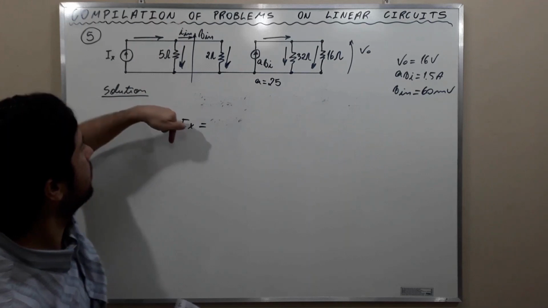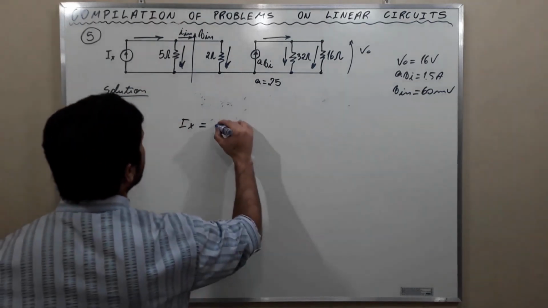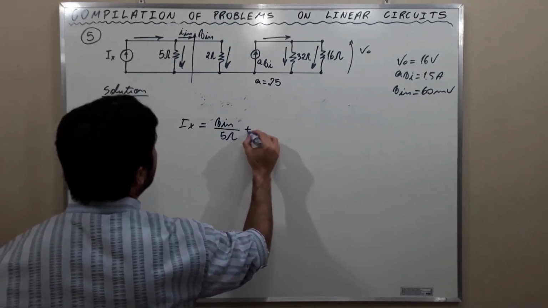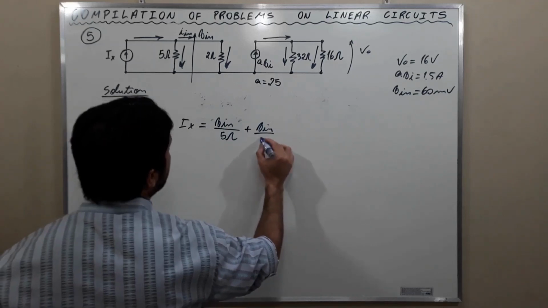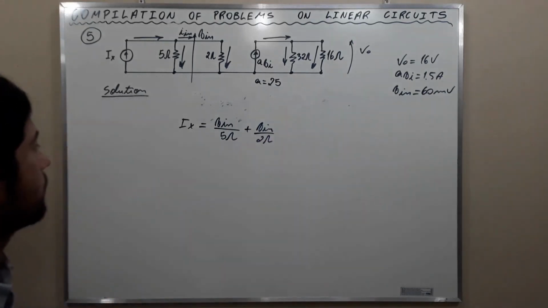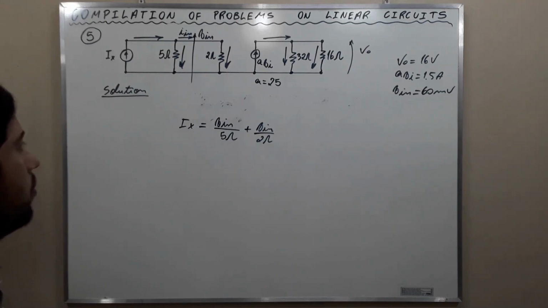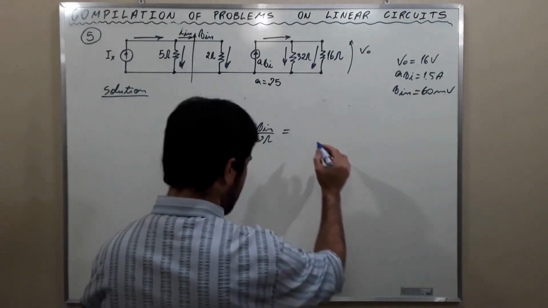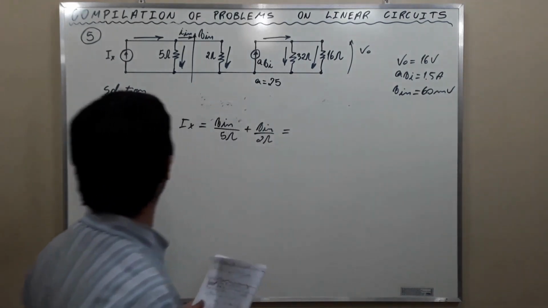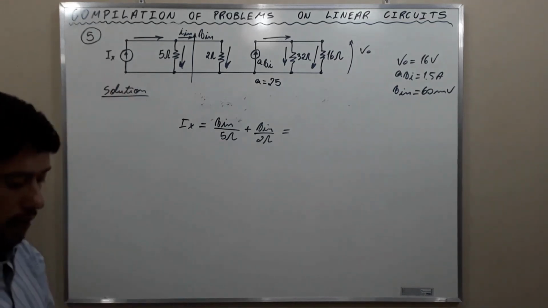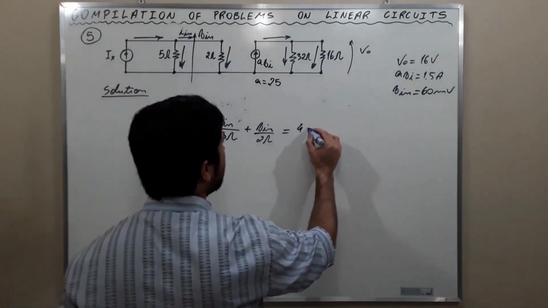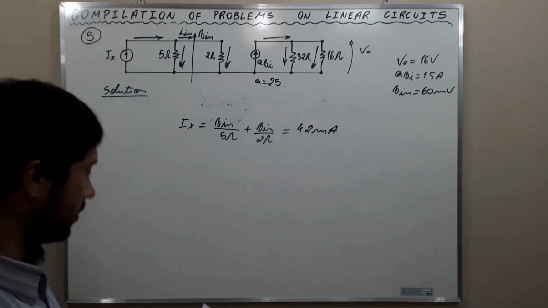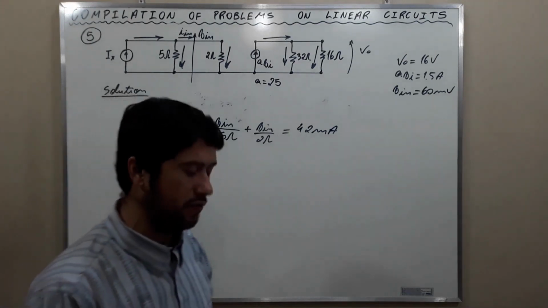This current here is Vin divided by 5 ohms, and here Vin divided by 2 ohms. Using the value of Vin that we just found, we discover that the value of the current source is 42 milliamps. And this is all for exercise 5.